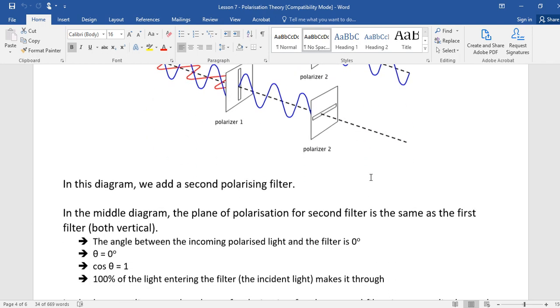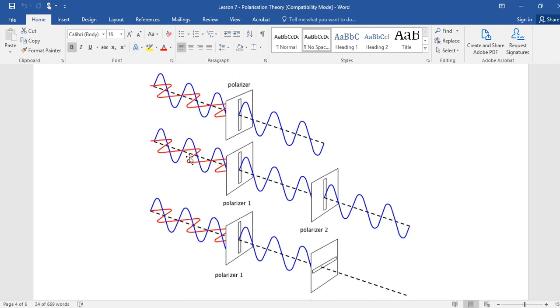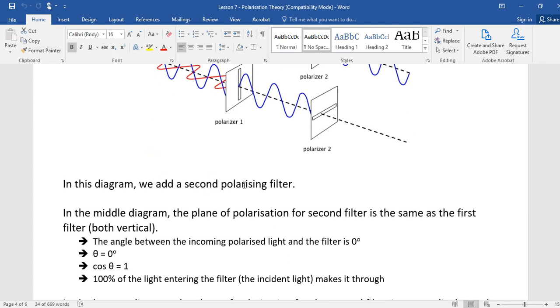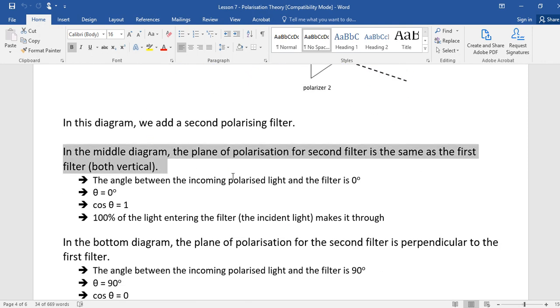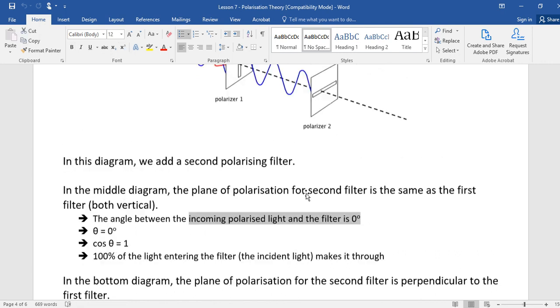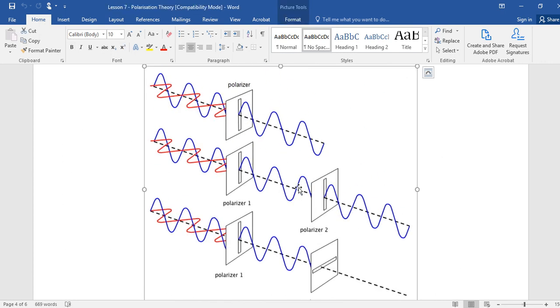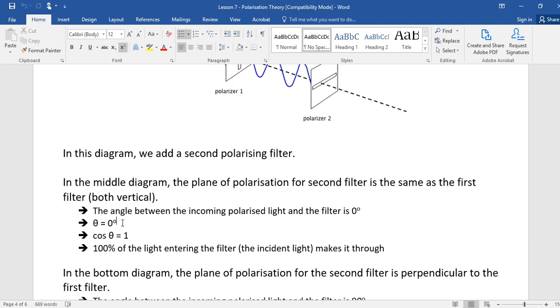And that is because, so this is the middle diagram here. If we go down here, the middle diagram, the angle between the incoming polarized light and the filter is 0 degrees. Here's the incoming polarized light, which is angled vertically. The filter is vertical. There's 0 degrees between them. Therefore, theta equals 0, cos theta equals 1.